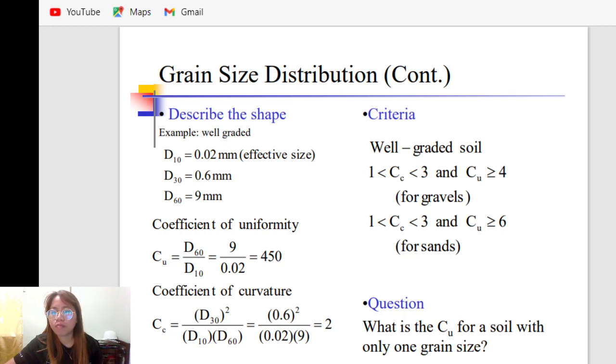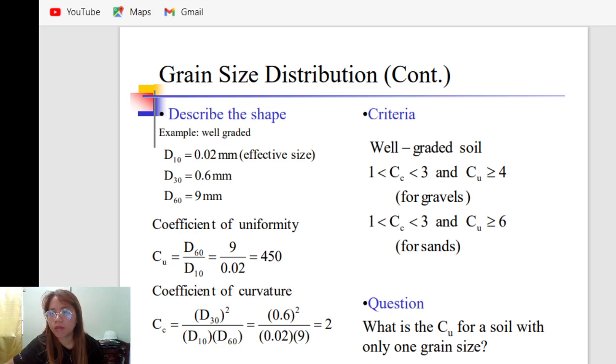So these parameters, we will use as criteria to determine what kind of soil your sample is, whether it is sand or silt.